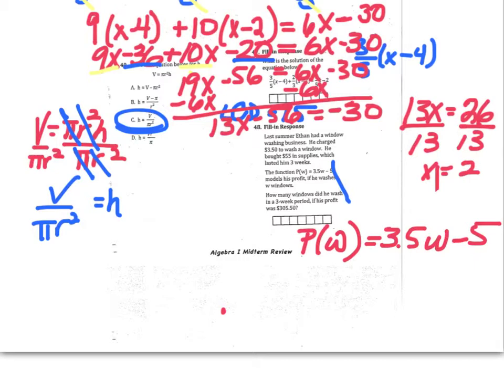And so now I know that P of W is my 305.50. That's my profit. So I substitute on the left-hand side. And I want to know how many windows he has to wash to make that much money, so I'm going to start solving for W.